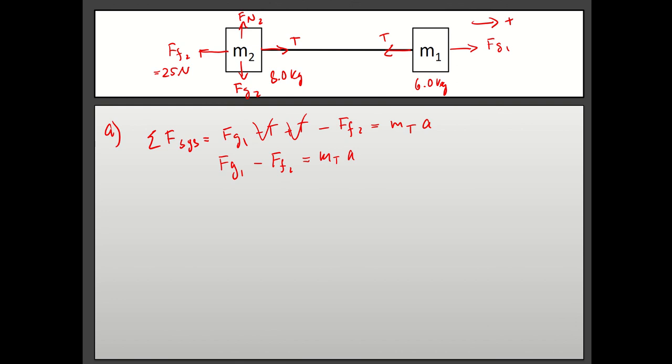So we can find Fg1. We know the force of friction. We know the total mass by adding the two masses together. So the acceleration will equal m1 times g minus force of friction over m1 plus m2.